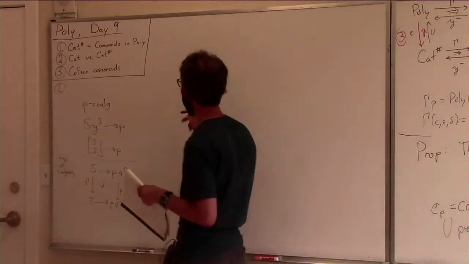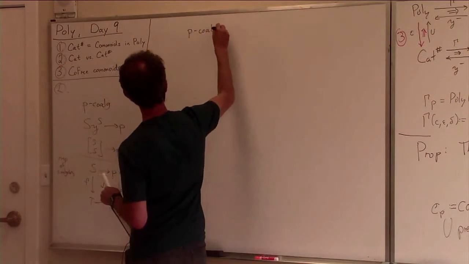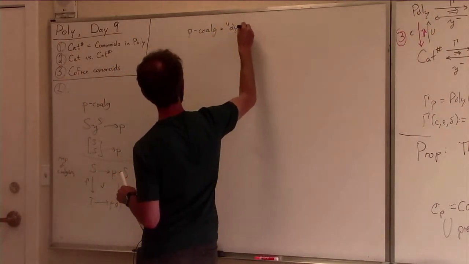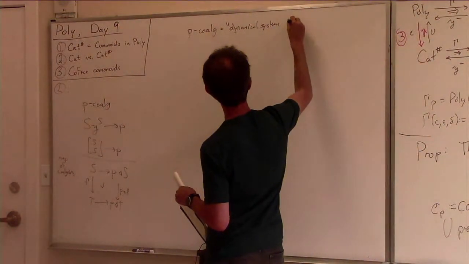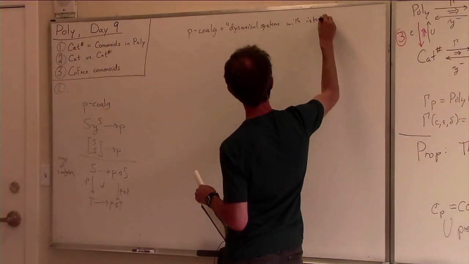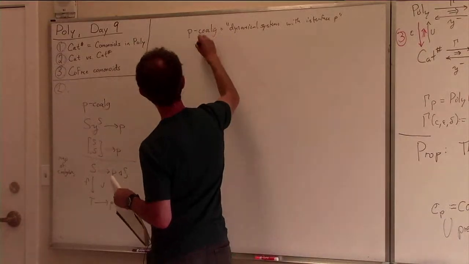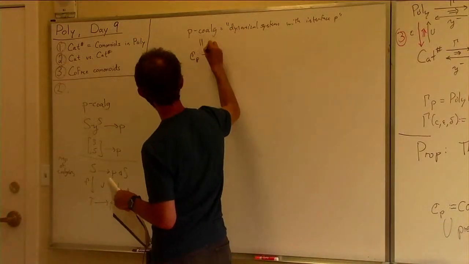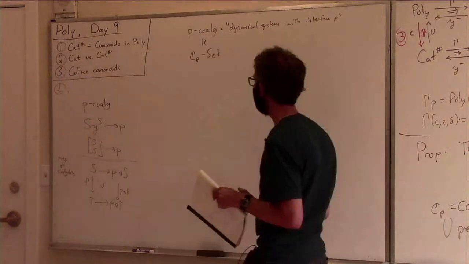And so the result here is that P-coalg, in other words, dynamical systems with interface P, is equivalent to the category of CP sets. So CP is a category.